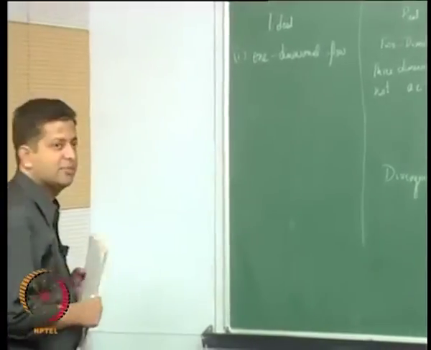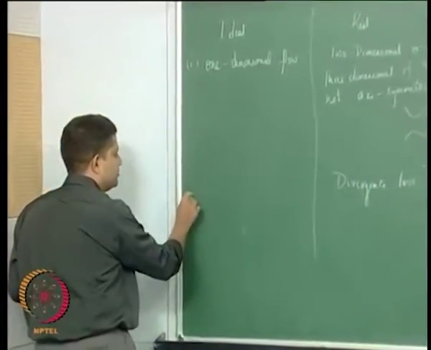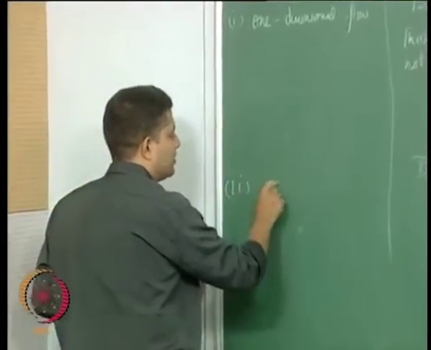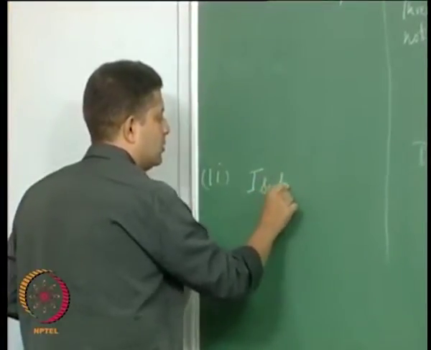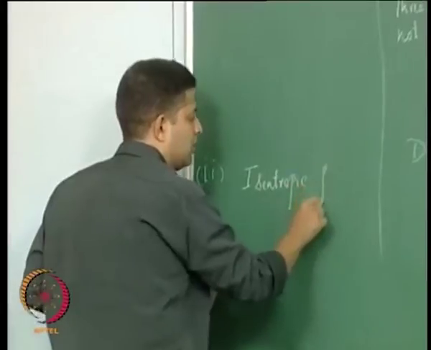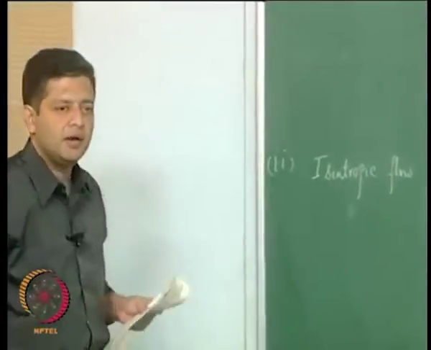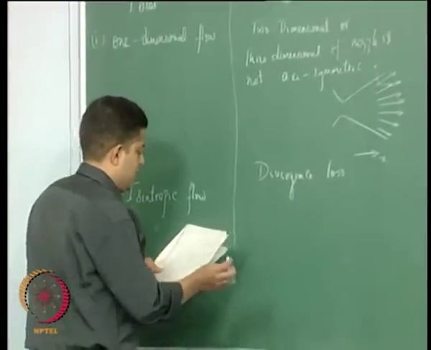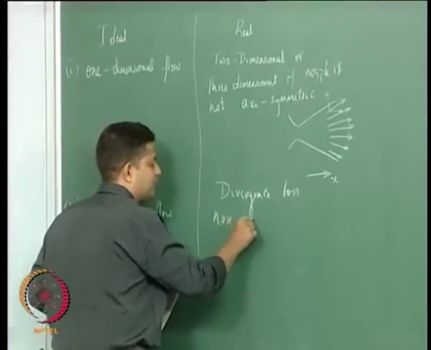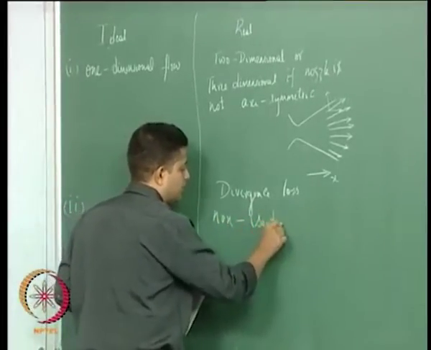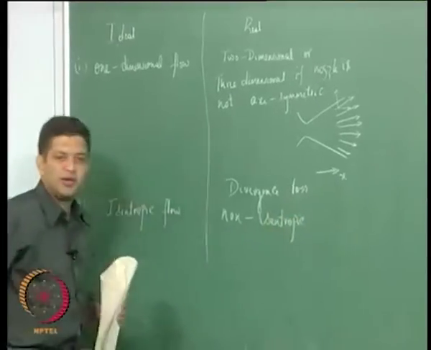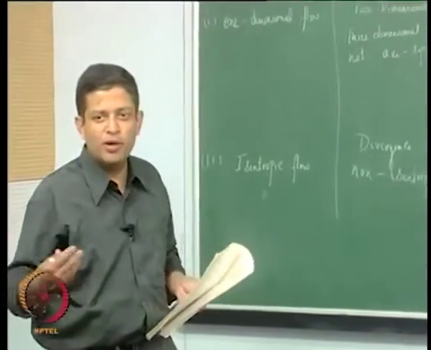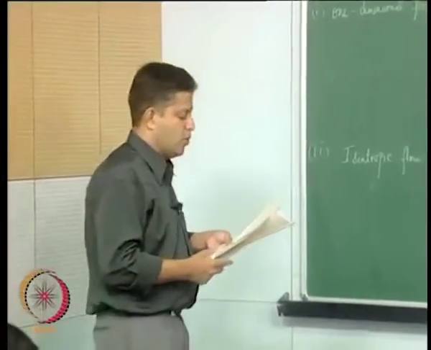Now, the second assumption that we had made was that the flow was isentropic. But in a real situation, the flow is going to be non-isentropic flow. Isentropic is reversible adiabatic. It will not even be adiabatic because there is going to be heat loss to the walls.